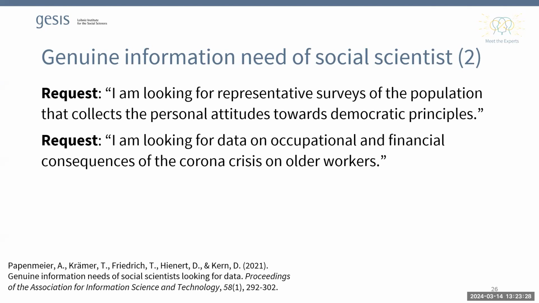The second one is, I'm looking for data on occupational and financial consequences of the corona crisis on older workers. Okay, in this case, the subject is looking for the consequences of corona for occupation and finances. So you can see, these are pretty complex information needs.